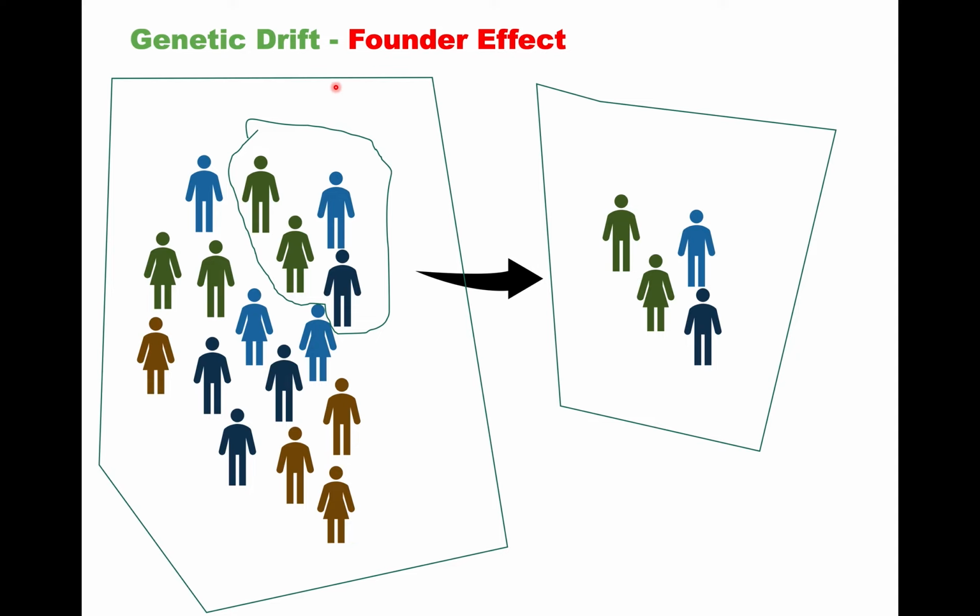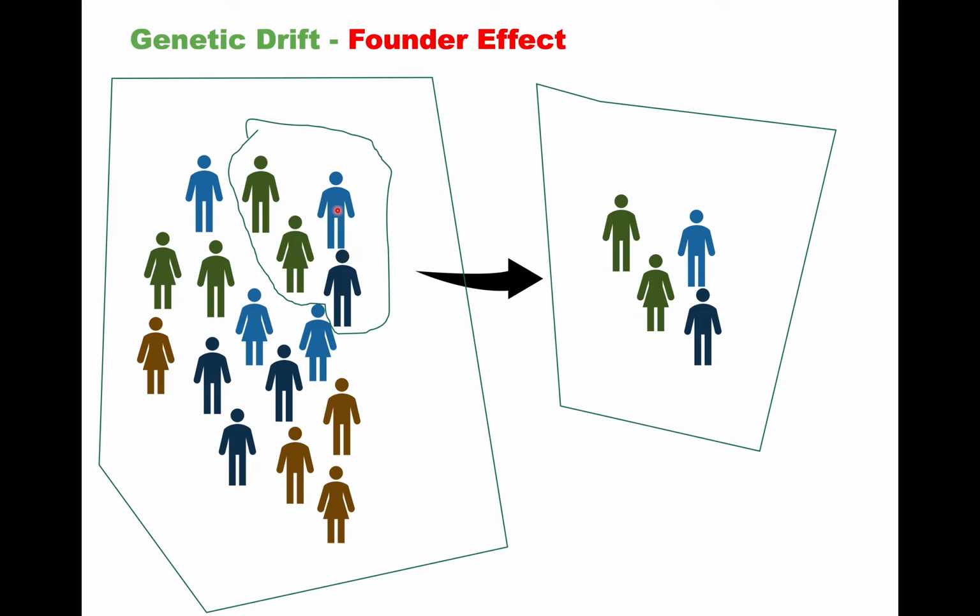Another type of genetic drift, which is a random event that leads to a change in allele frequency in the population, is called the founder effect. On the left-hand side, you can think of a population of human beings, and let's say they have a variation in eye color: green, light blue, dark blue, and brown.